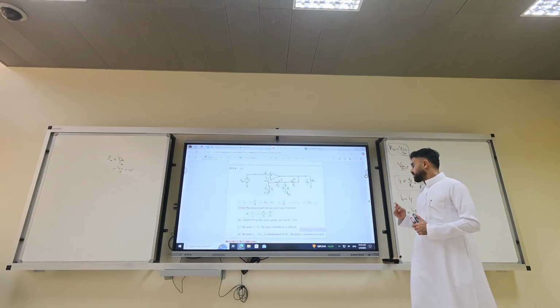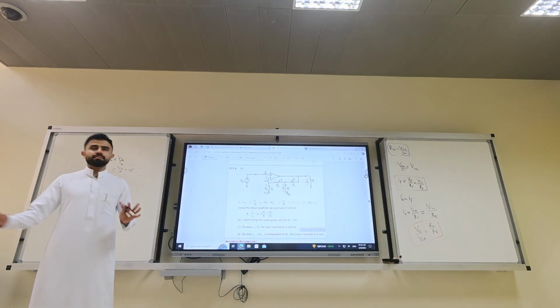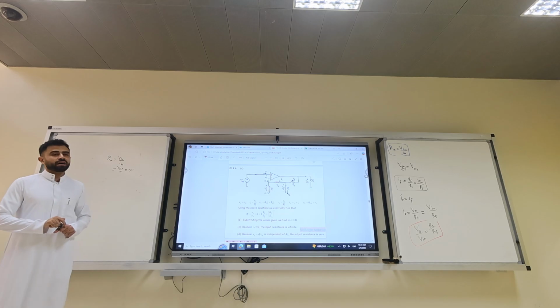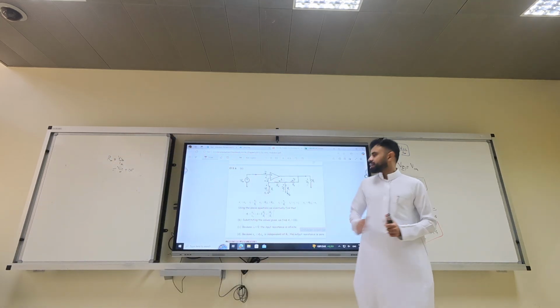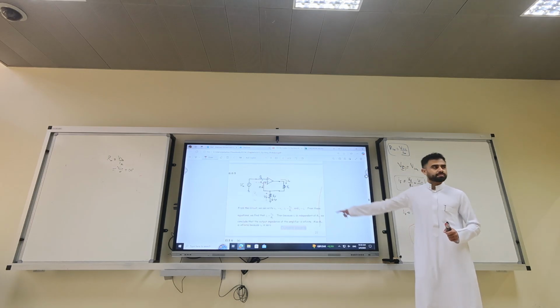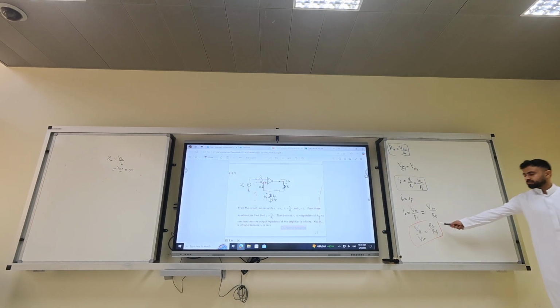Then we have another complicated circuit. I'm taking my time on the inverting amplifier. What was the gain in the previous circuit? RL over RF. Because the gain has an output impedance, the load appears in the gain.